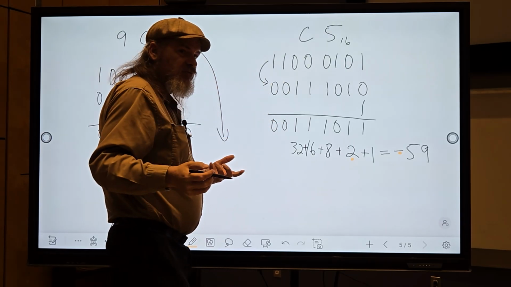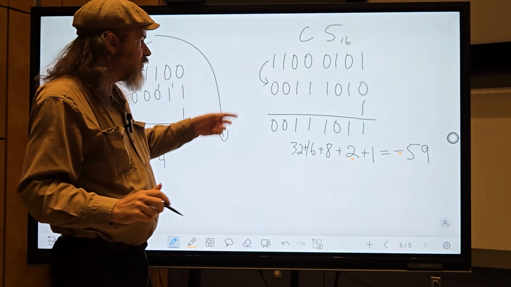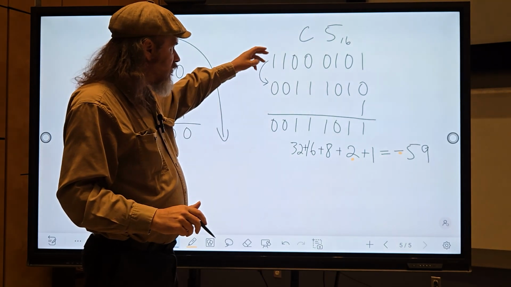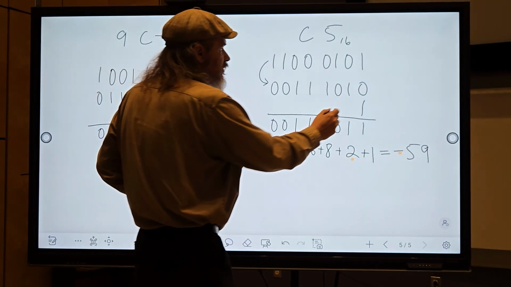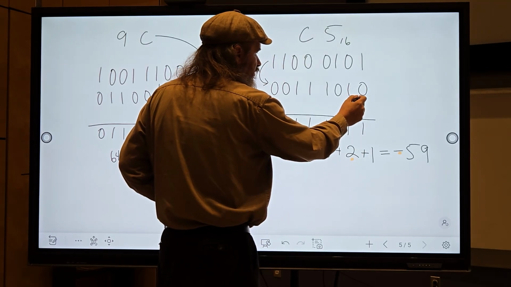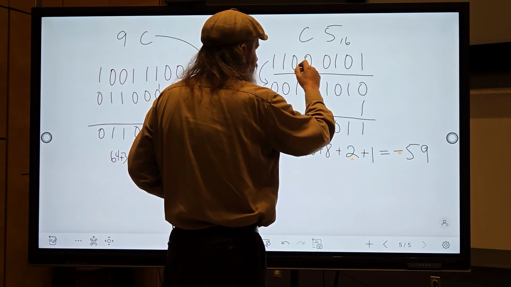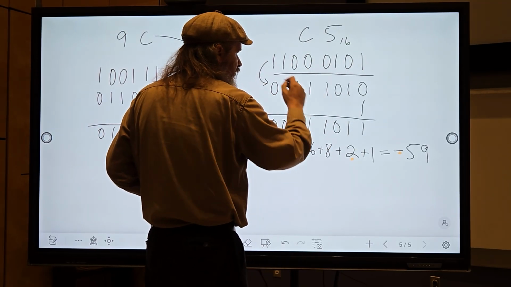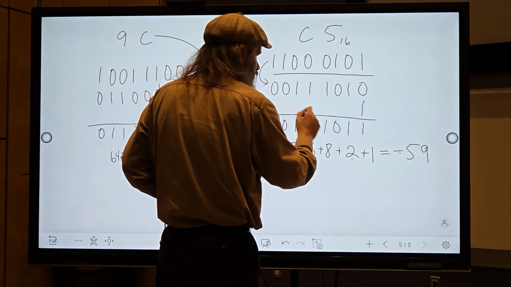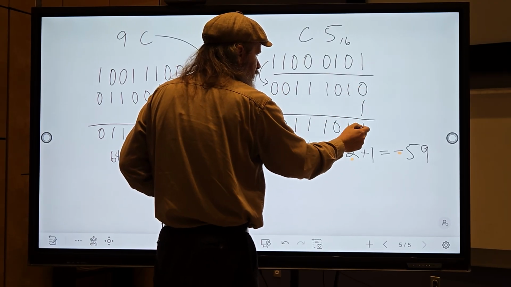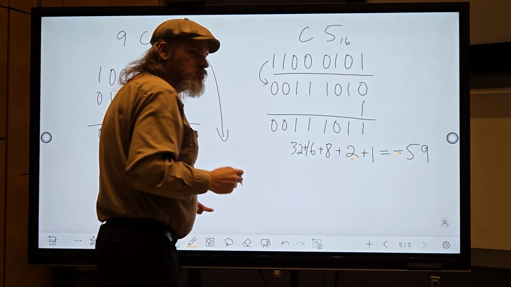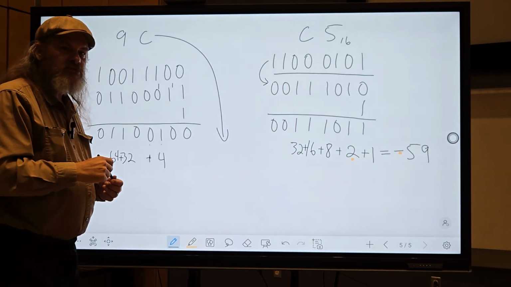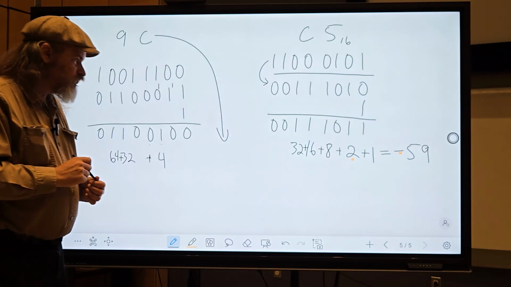The first step of 2's complement conversion is to invert the bits. Right. Oh, you add 1 to it. You're done with this. You're adding 1 to this number here. 1 plus 0 is 1. 1 plus 0 is 1. 0 plus 0 is 0. So on and so forth.